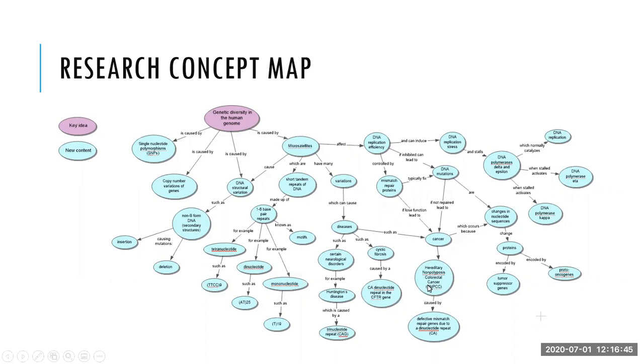So it helped me round out some of the gaps in my understanding that I had for my project. I also did this over here with these other diseases, such as to the left here, Huntington's disease and cystic fibrosis. Those are also caused by repeat sequences of DNA. So I did add some things to my research concept map to help me understand the research that was taking place in my lab.